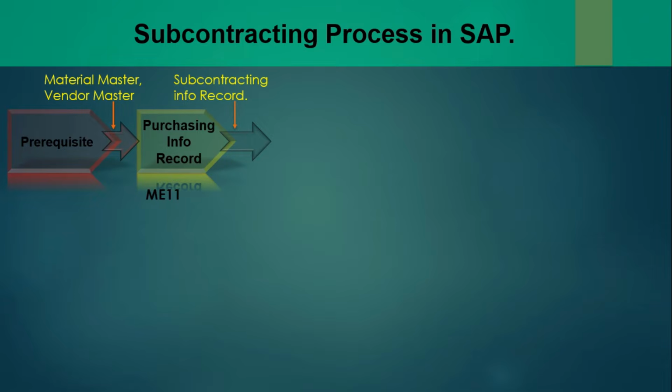So we will maintain the vendor and finished product in the purchasing info record, and it should be subcontracting, as four types are available in purchasing info record, that is standard, pipeline, consignment and subcontracting. So out of that we will select subcontracting.